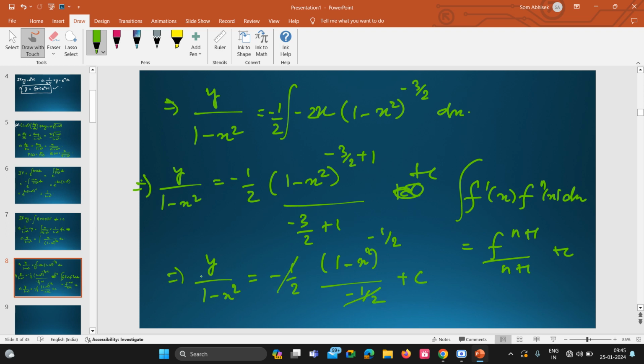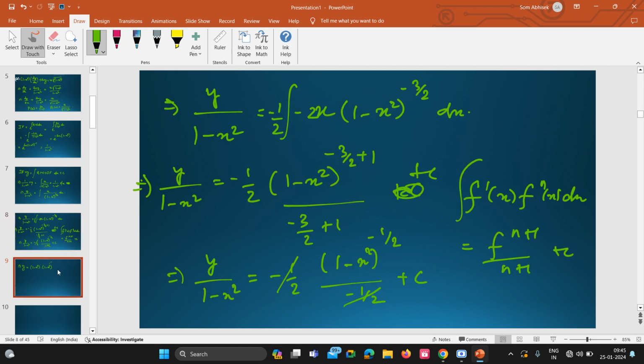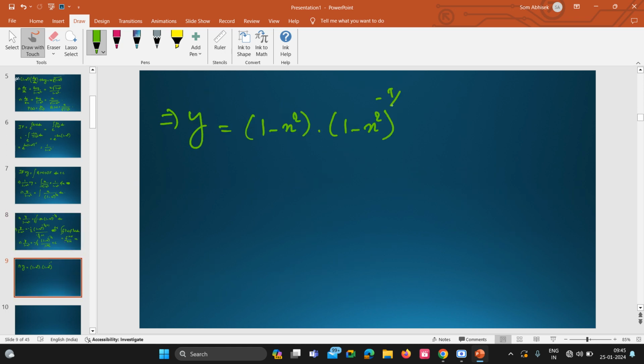Now I will just take this 1 minus x square to the other side. So y is equal to (1 minus x square) into (1 minus x square) to the power minus half. So y is equal to (1 minus x square) to the power half.